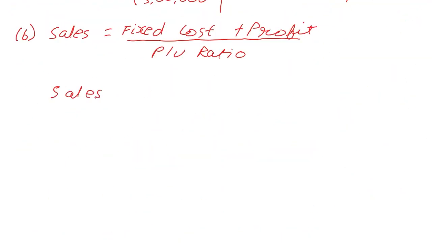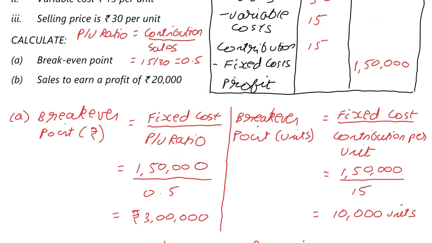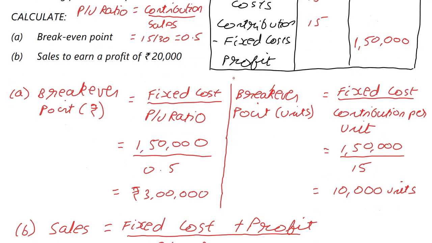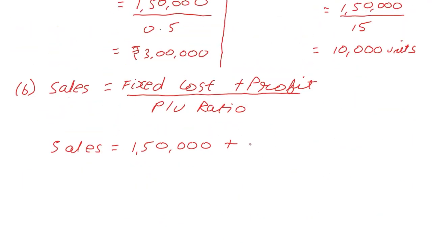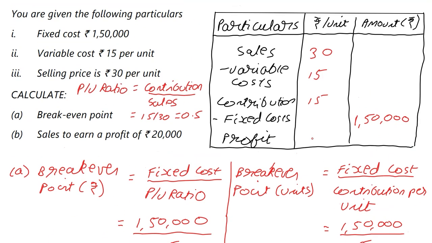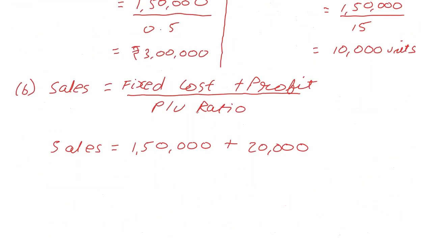Sales is equal to fixed cost 1,50,000 plus profit of 20. Where did I get this 20 from? They've specifically said they want a profit of 20. Upon PV ratio, which I know is 0.5. Now we can calculate.